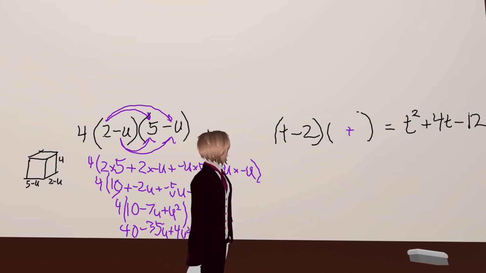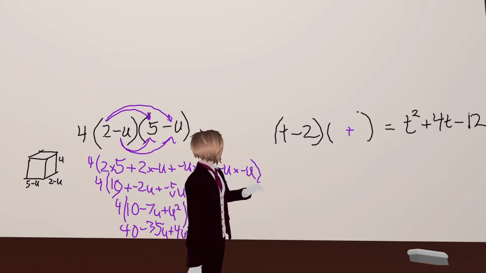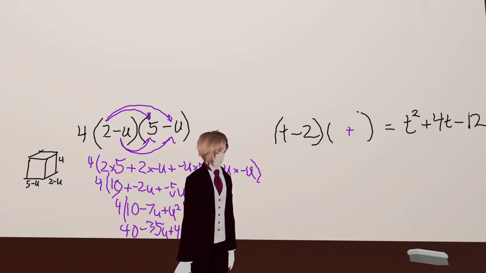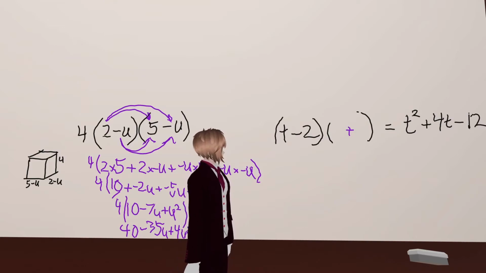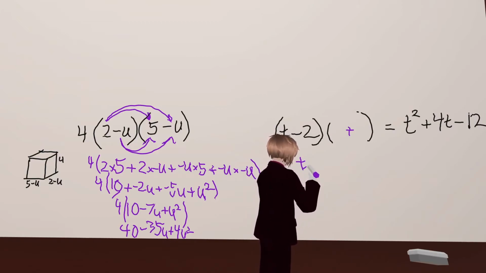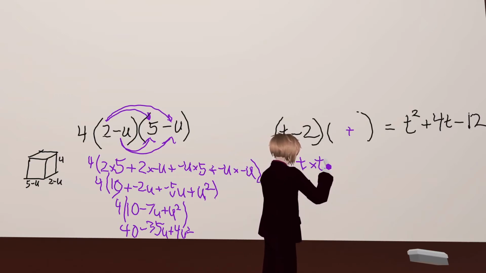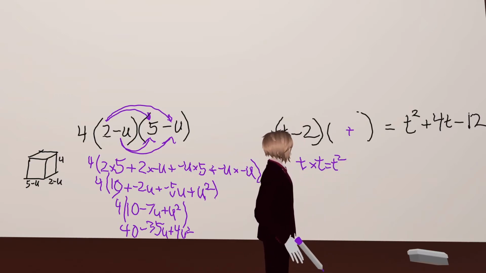So over there we have t squared. What would we times t by to get t squared? Well, we would have to times t by t to get t squared. Let's just write that there. T times t equals t squared.